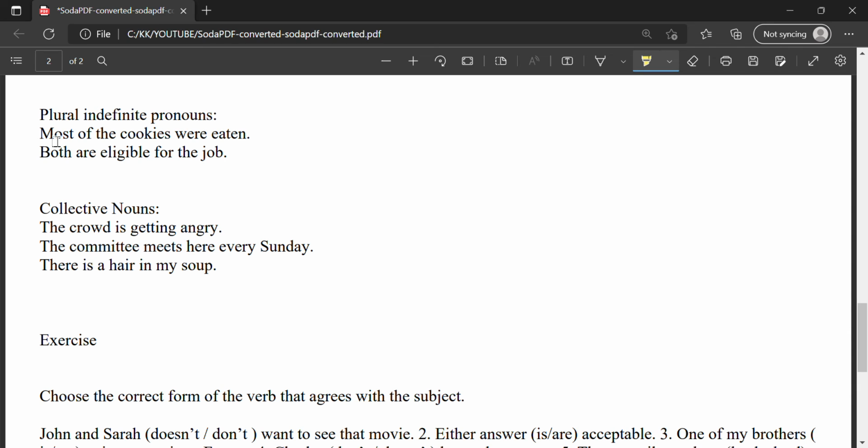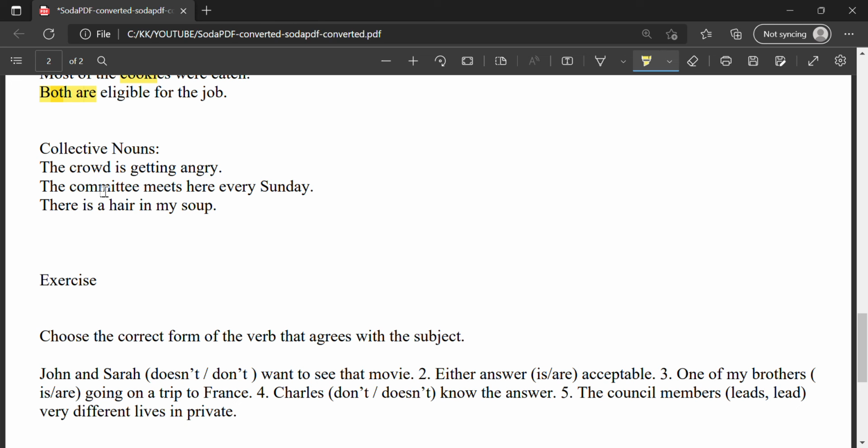If it sounds good, yeah, but not everything which sounds good is right here. Most of the cookies were eaten, cookies, and were, that's what it comes to here. And then: both are eligible for the job. Both is plural and are is also plural.